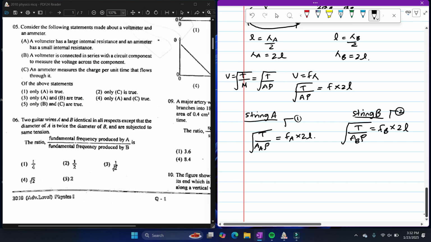For area, we can write that area is actually, for a wire it's pi r squared, no? Pi r squared.